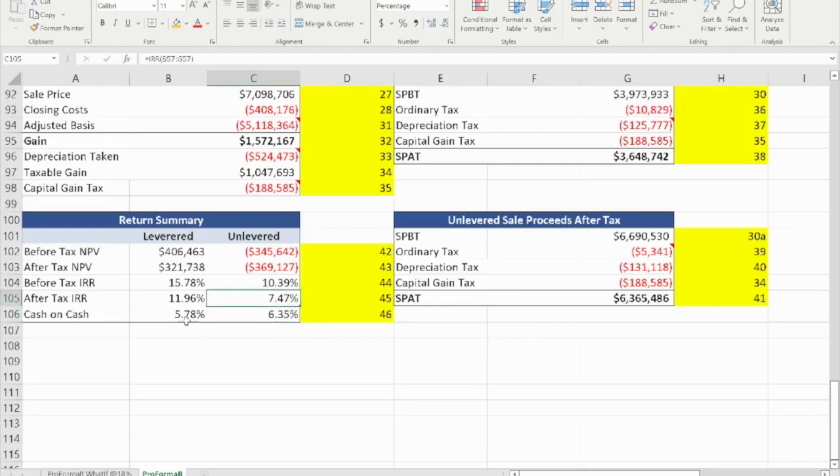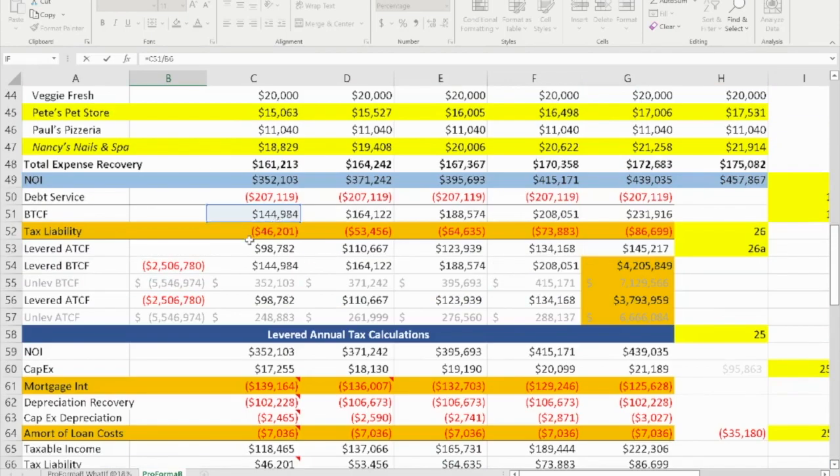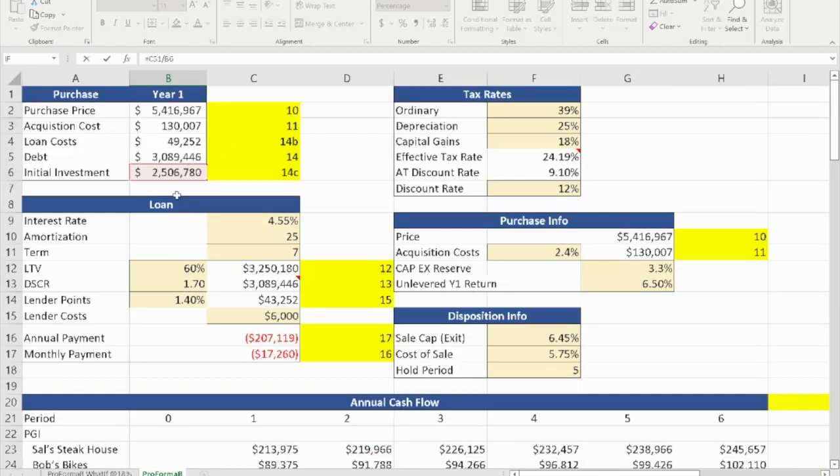For cash on cash, the last one we're going to calculate is going to be basically the C51, which is the before tax cash flow. This is how much money we're making before tax. We're going to divide that by our initial investment, which was 2.5 million.